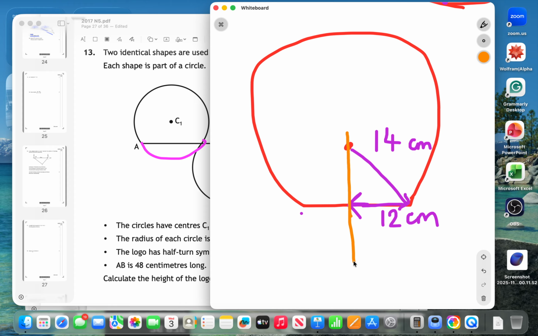In that case, this side is equal to half of the chord, making that distance 12. So if you get a question like this in an exam, you go from the centre until it makes contact with the chord, perpendicular bisector, and it takes up half the distance of the chord.